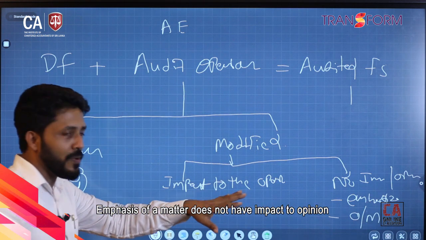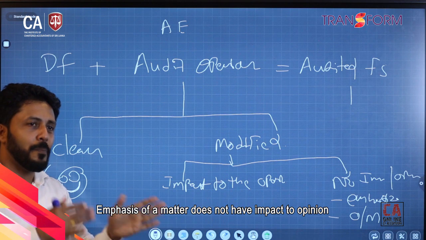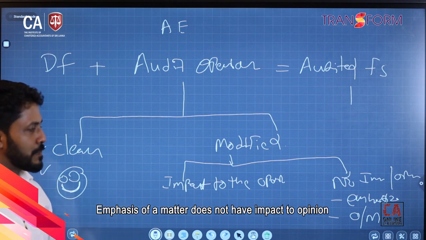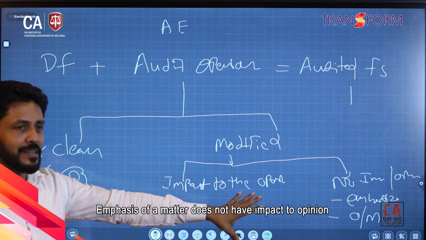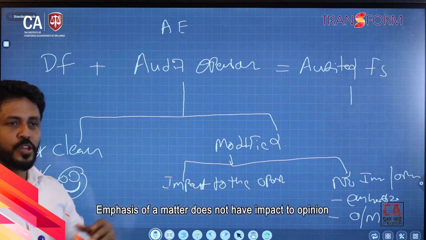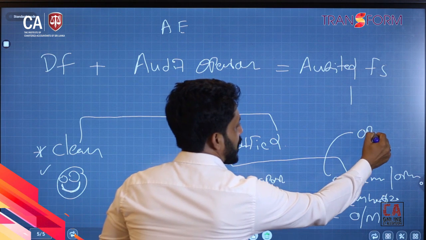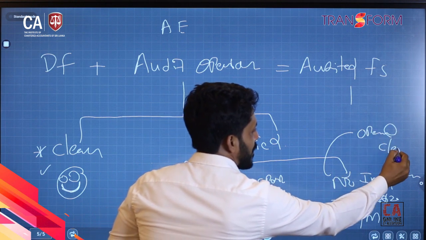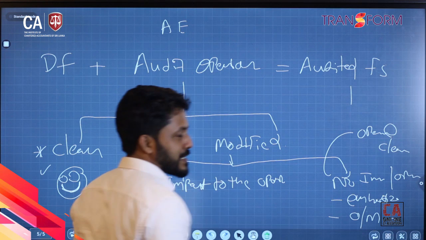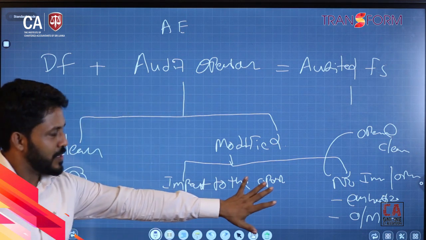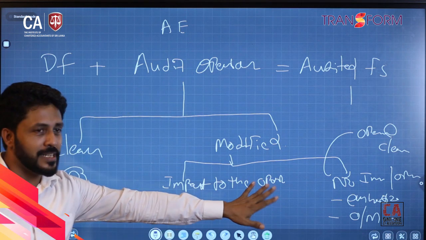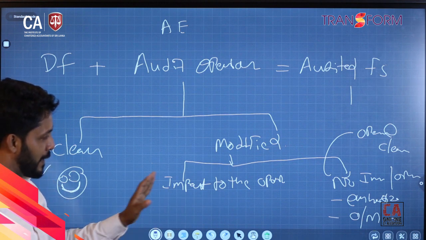We are putting a kind of a paragraph to emphasize a matter in the financial statement, we are going to highlight a matter in the audit opinion, but we are not impacting the opinion. The opinion is clean but there's a modification, right? So then we need to consider that aspect as well.